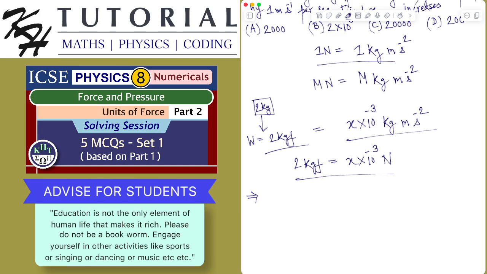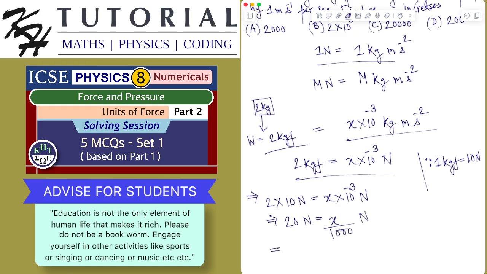Now 1 kgf is 10 Newton, I know. Therefore 2 kgf will be 2 multiplied by 10 Newton. This is equal to x multiplied by 10 to the power minus 3 Newton. This implies that 20 Newton is equal to x by 1000 Newton.